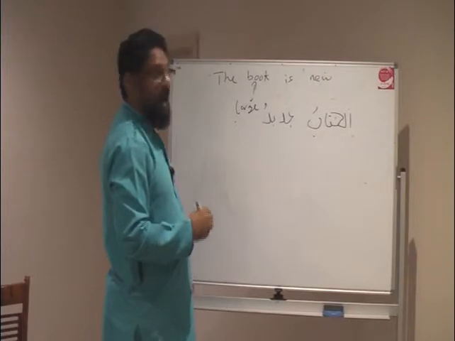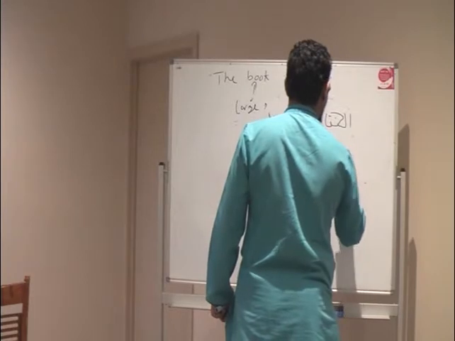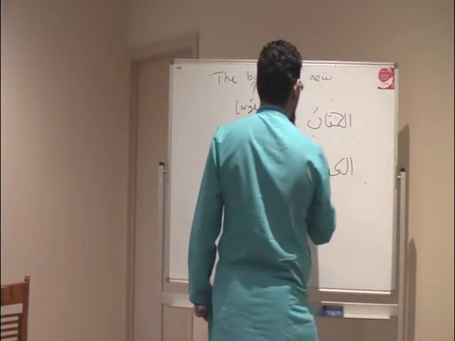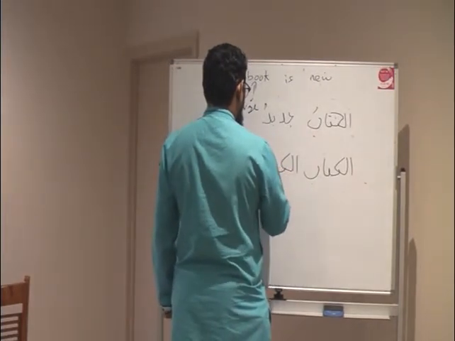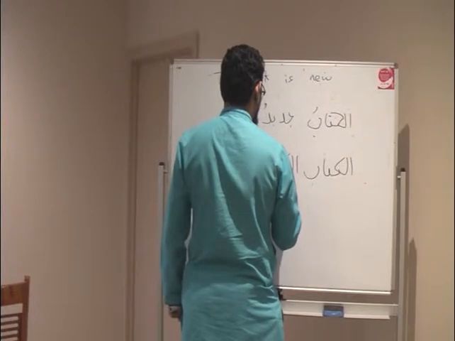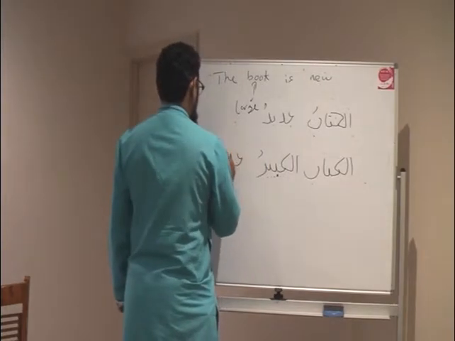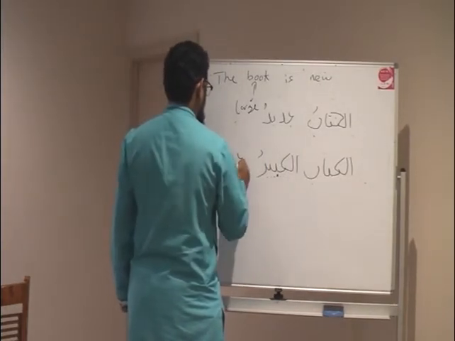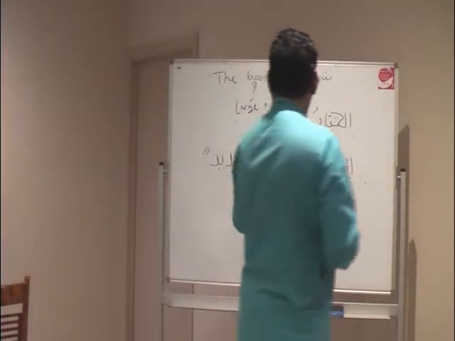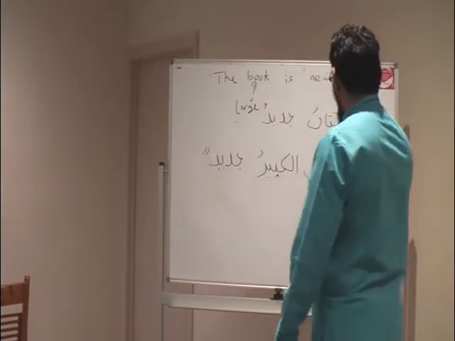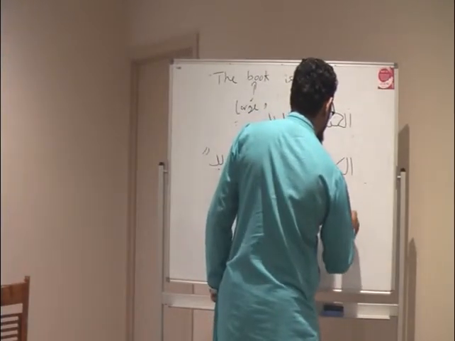If we want to say the large book, so if we have three isms here, we have al-kitabu, then al-kabiru, and jadidun. So there you've got three isms: kitab, kabir, and jadid. So how do we work out which goes with which?